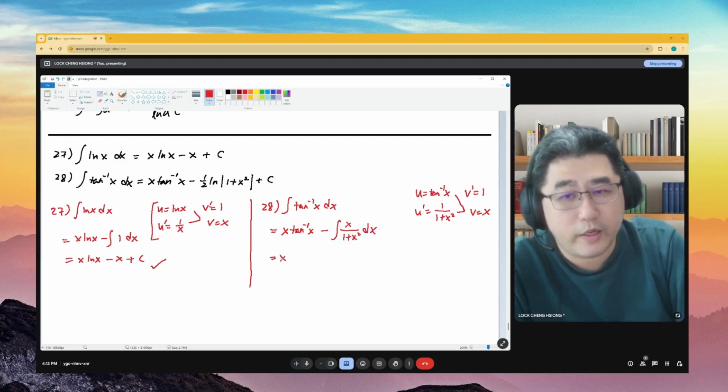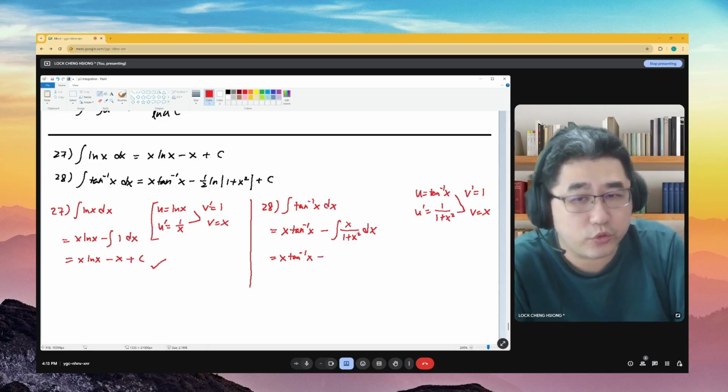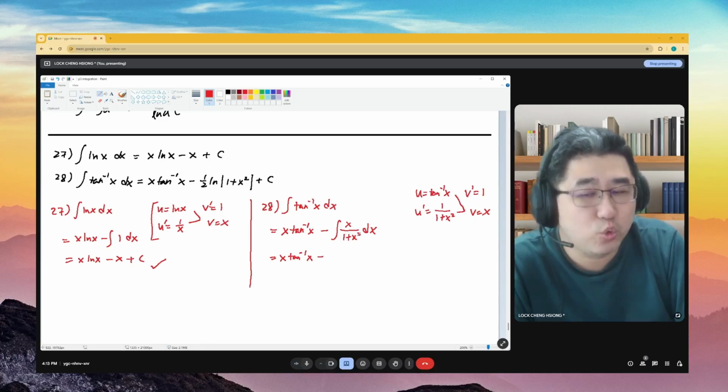The x arctangent x is done. But what exactly is this? First clue that you have is this is a fraction. Therefore, it may be using rule 23. Rule 23 says the top must be the differentiate of the bottom. If I have a bottom 1 plus x squared, differentiate of the bottom, I should get 2x.